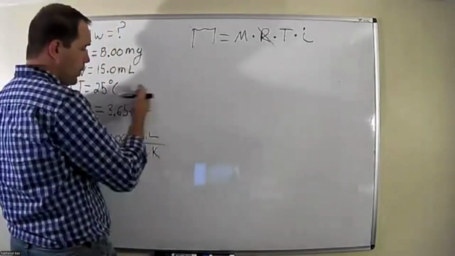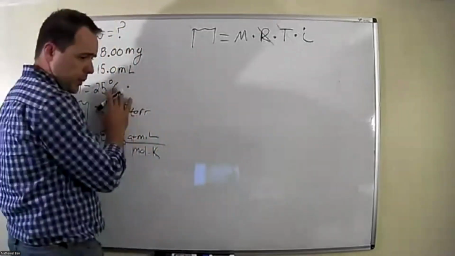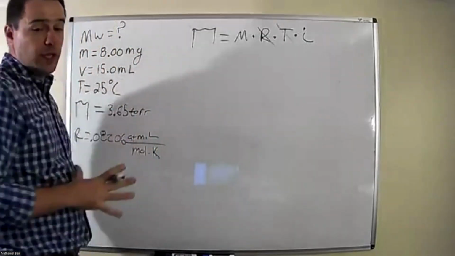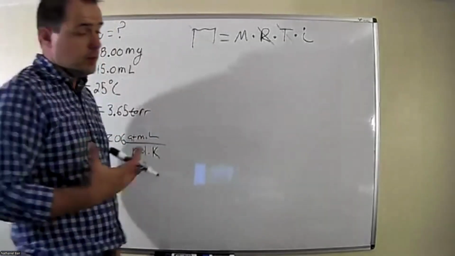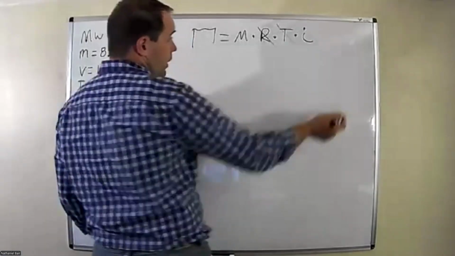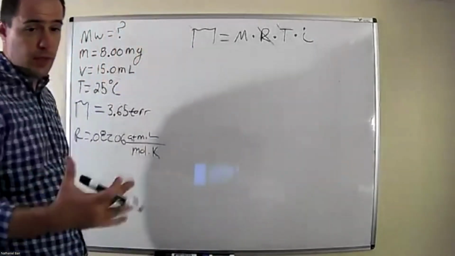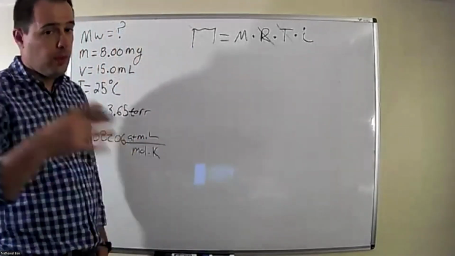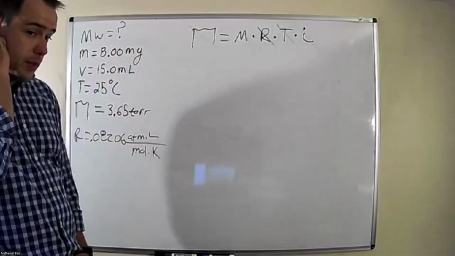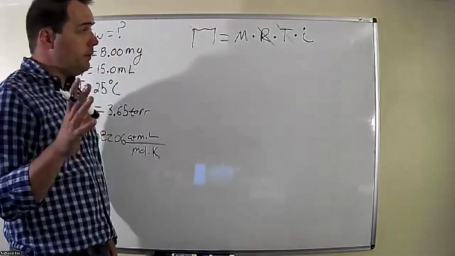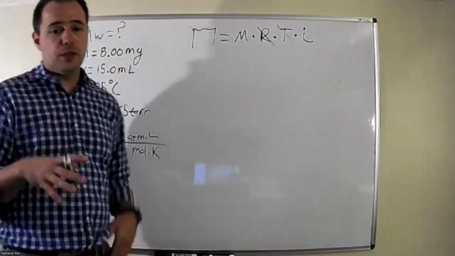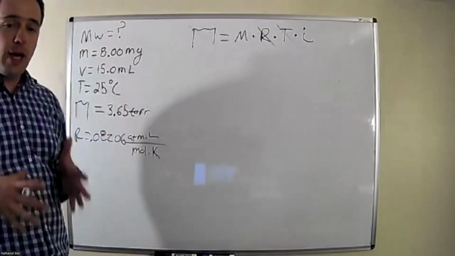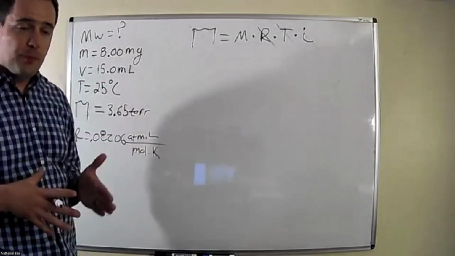We know R. We know the temperature. We're going to have to turn it into Kelvin, but we know it. And we also know it's a protein. That's not an ionic compound. Proteins are macromolecules. So there's going to be a Van't Hoff correction factor of 1. We know that. Only if this was an ionic compound, metal, non-metal, right? That's when you have a Van't Hoff correction factor other than 1. So the issue people often have with this kind of problem is it's hard to see the whole thing. You have to kind of break it down into steps. What do I have?